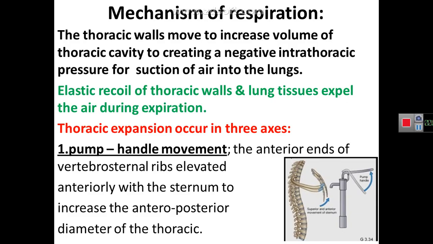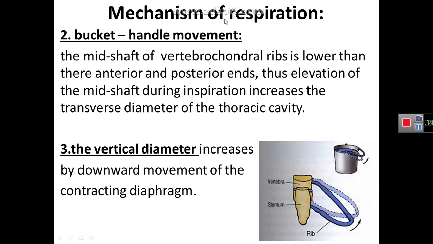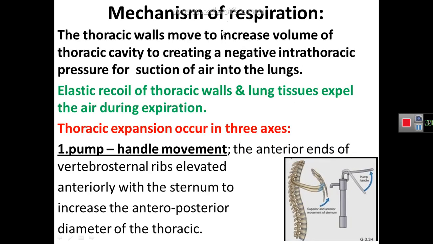The other topic in this lecture is the mechanism of respiration. Joints of the thorax move in order to help in breathing, and breathing or respiration, as everybody knows, has two phases: inspiration and expiration.